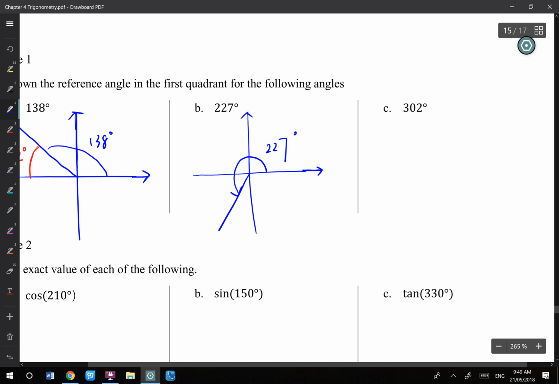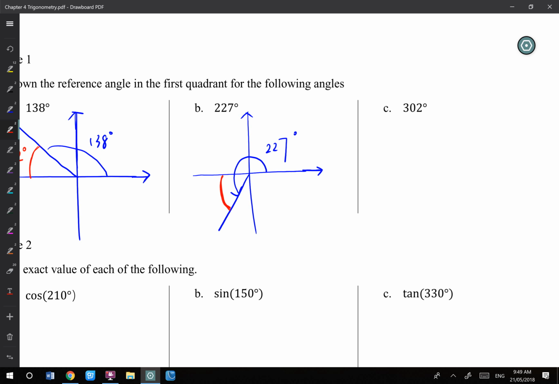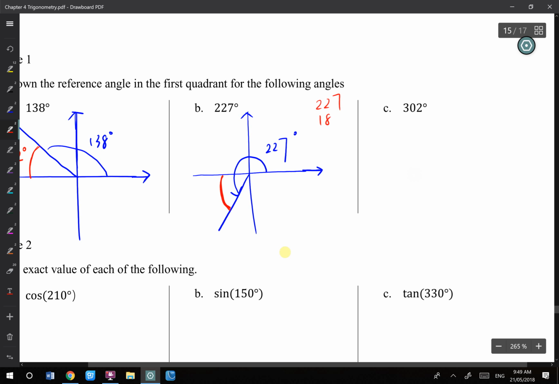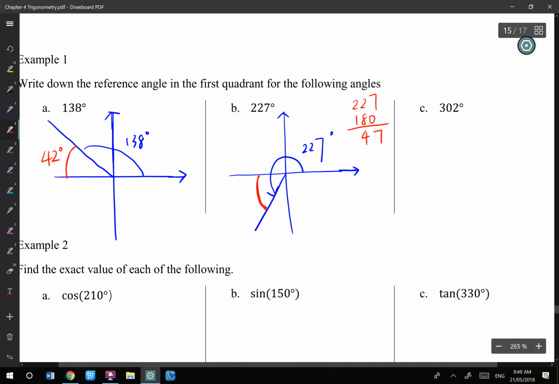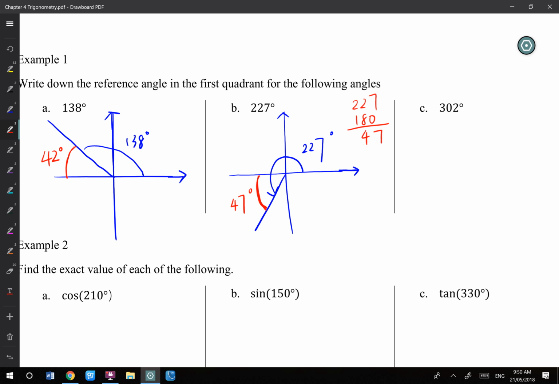So where is the reference angle? This is the reference angle, because it's the angle the angle line makes with the horizontal x-axis. So this line and the horizontal give you this angle here. That's the reference angle. So I will use 227 minus 180. That gives me 47 degrees.